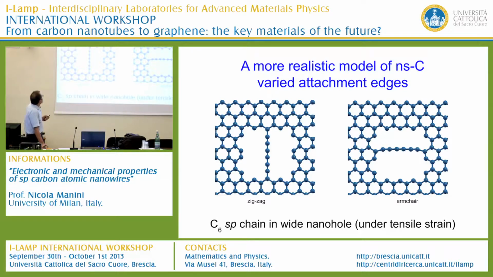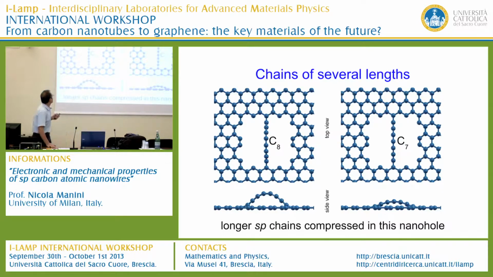Of course, a carbon chain does not have a lattice spacing comparable to that of the graphene sheet. As a result, one is left with some kind of strain. For example, if this is a C6 chain as here, this would be under tensile strain. Instead, if one tries to fit in a C8 or a C7 chain, they will be under compression, and as a result the relaxed structure will be a bent structure as here.